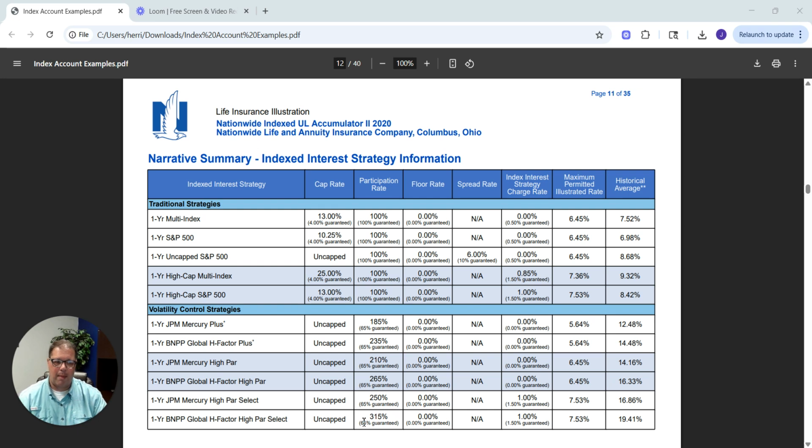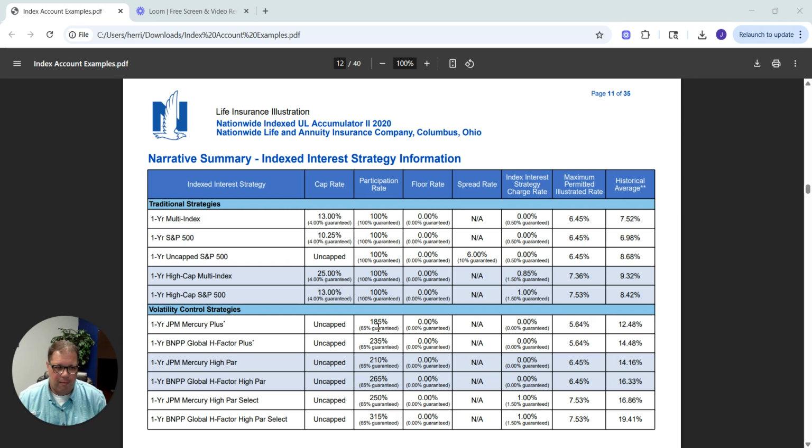So what does that mean? That means that if this BNPP Global Factor account returned a 10% rate of return over your 12-month period, you would actually be credited 315% of 10%. So these accounts are extremely attractive and they look very good on paper, but there's a couple things you need to remember about these accounts.